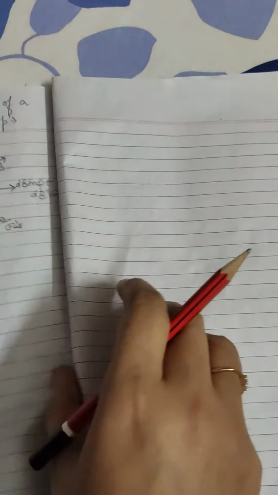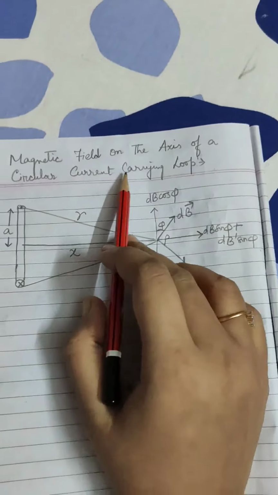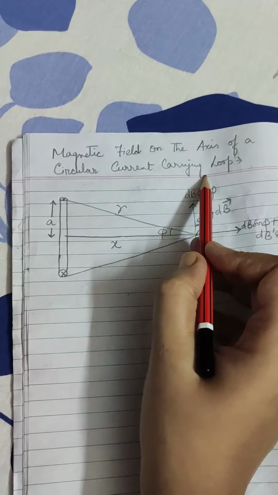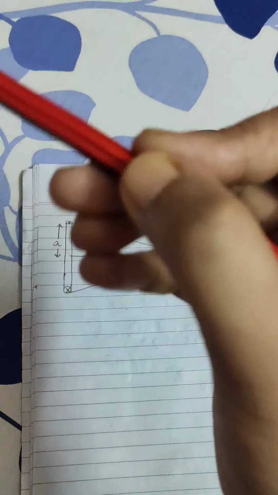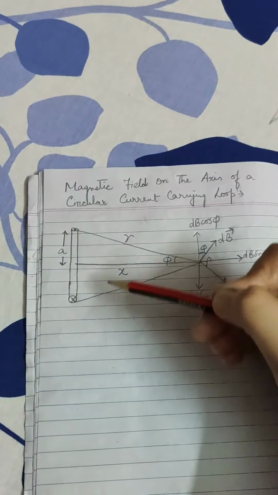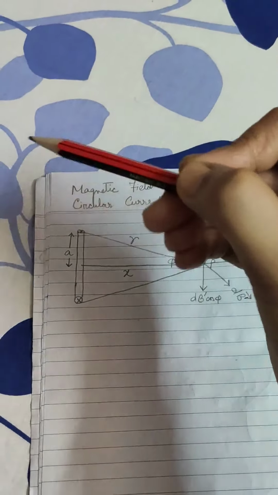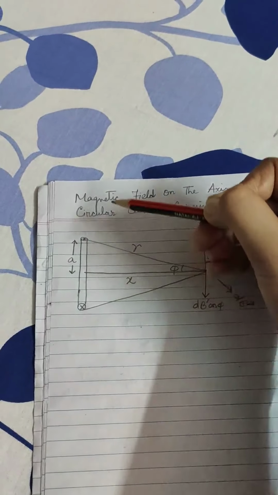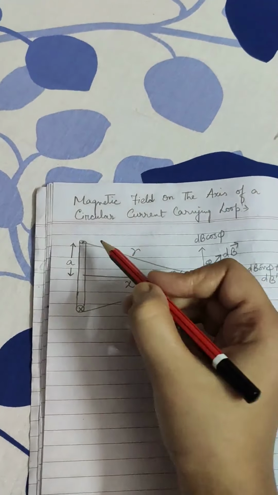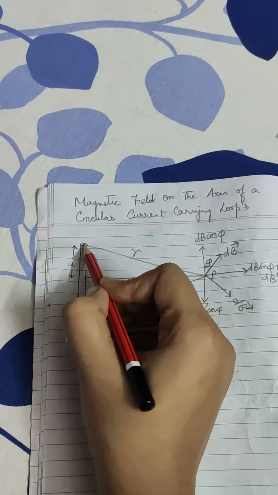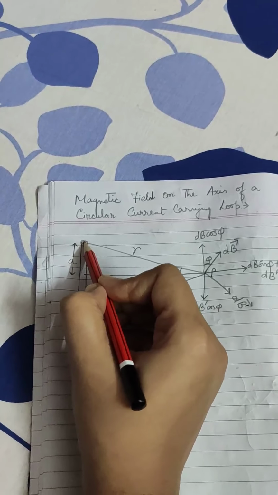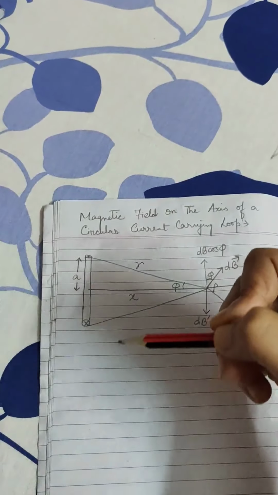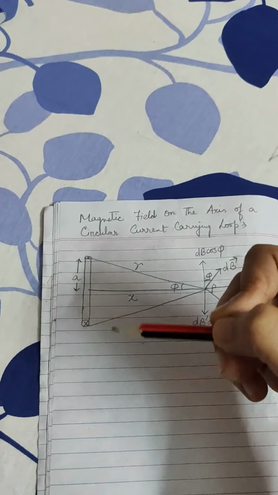Now we will move to the magnetic field on the axis of a circular current carrying loop. We have this current carrying loop, which we cannot draw properly on a two-dimensional page, as it comes outwards and goes inwards. We take a small element dl here, and the current is in the anti-clockwise direction.